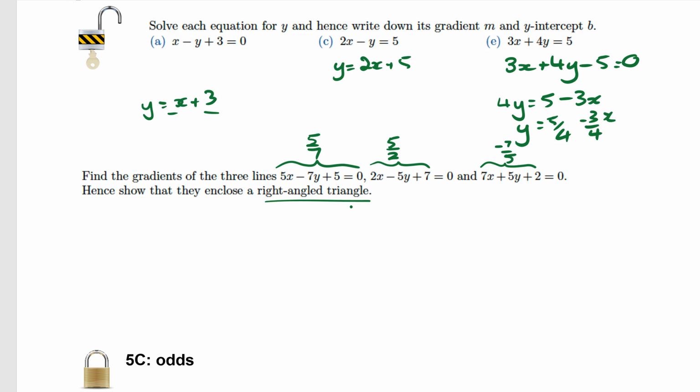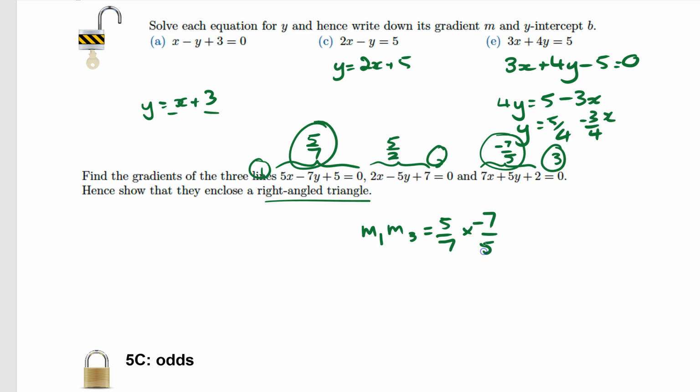Now the two that we're going to show as being the sides of a right angle triangle will clearly be this one and this one, because of the product of their gradients. These are all unlabeled, so we'll just call this line 1, line 2, line 3. The gradient of line 1 times the gradient of line 3 is 5 on 7 times minus 7 on 5, which equals minus 1. This seems like overkill, but trust me, examiners love it.